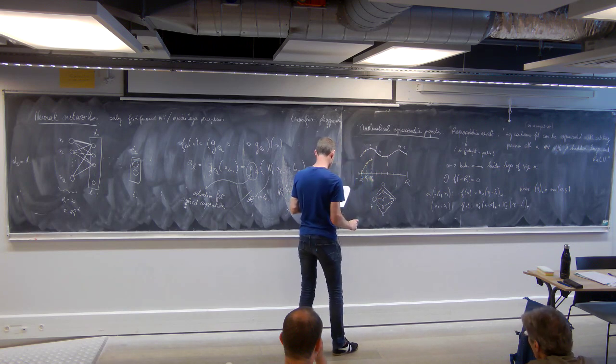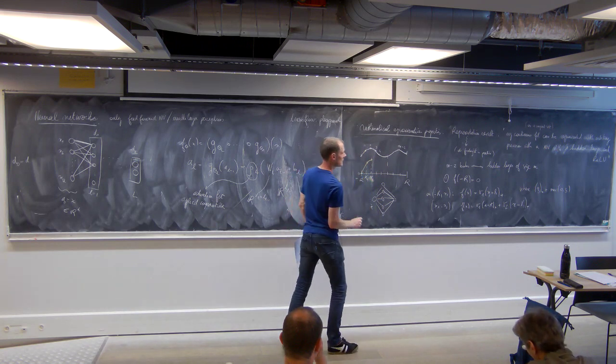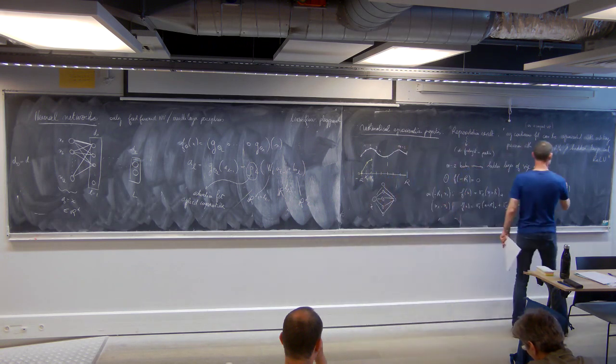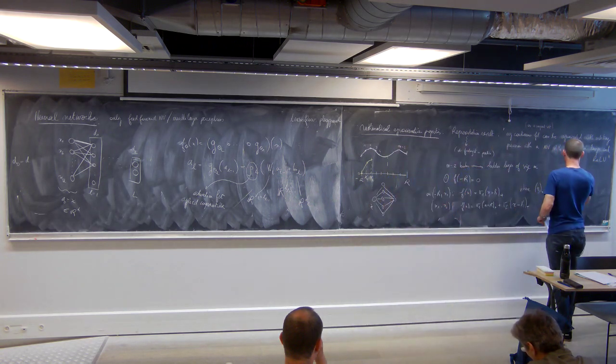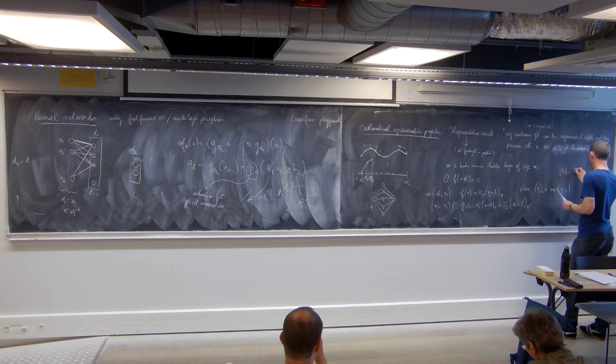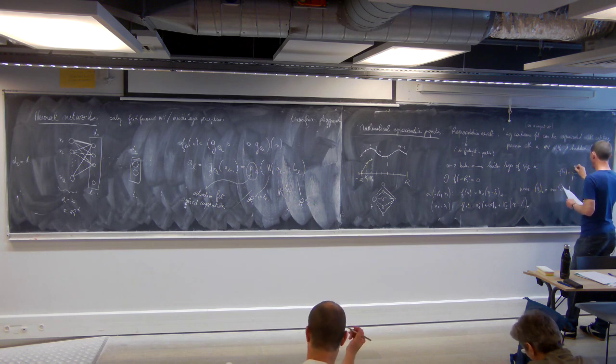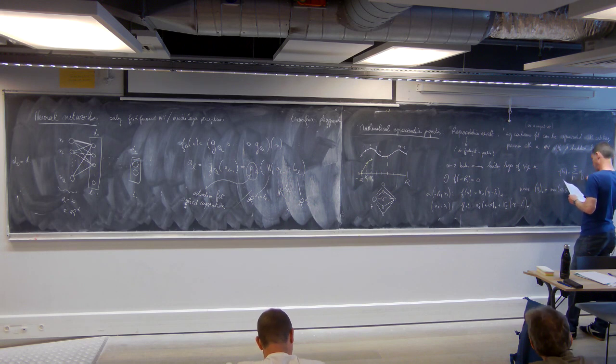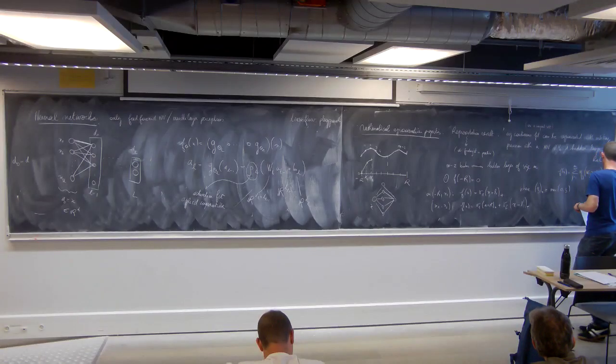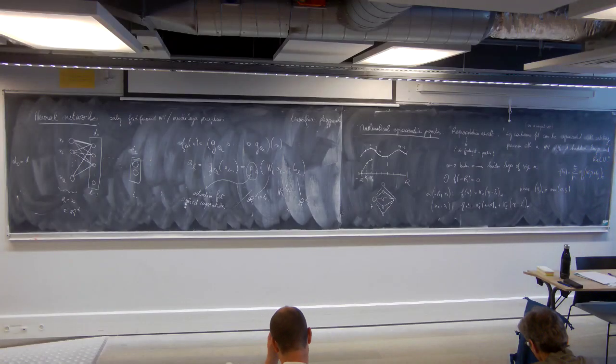If I want to be more precise, I'm looking for a function f of x, which is the sum for j equal 1 to m of eta_j times (w_j x plus b_j)_+.